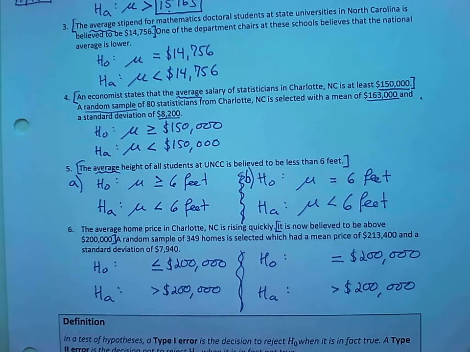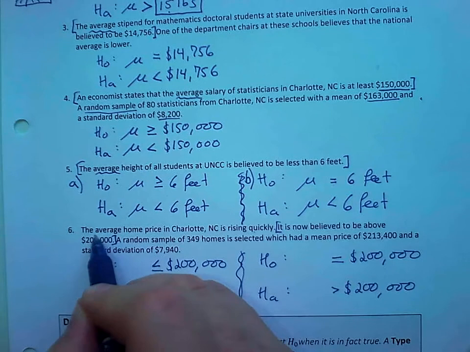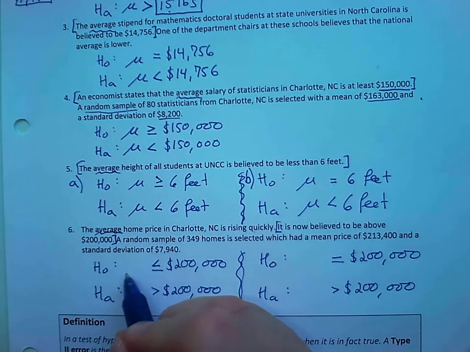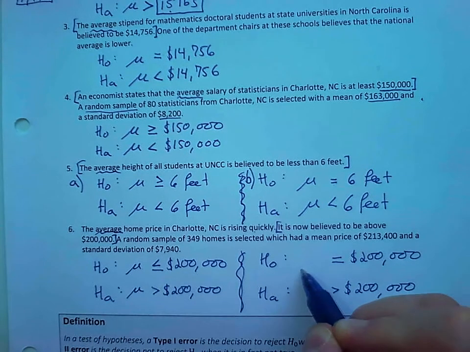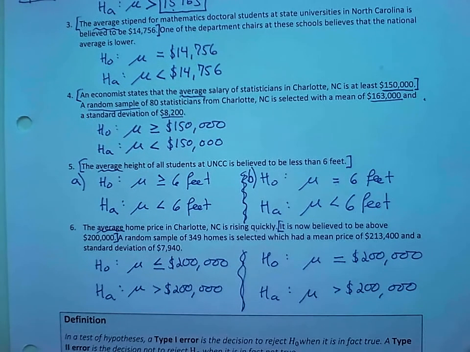Now, to finish off this problem, we ask ourselves our third question: what is our parameter of interest? We're still dealing with the average, so here we're still using mu. I'm hoping that writing down the null and the alternative hypothesis is becoming easier for you.